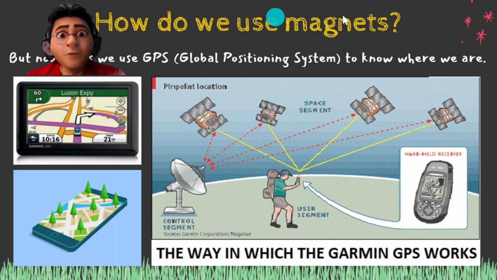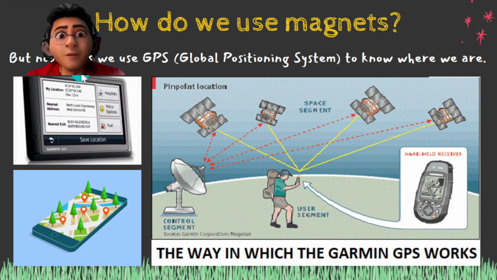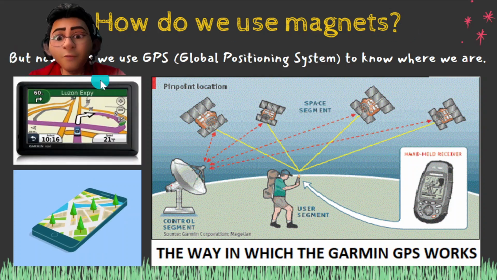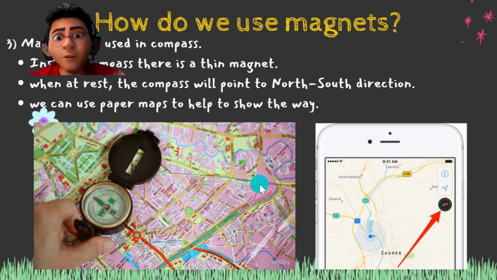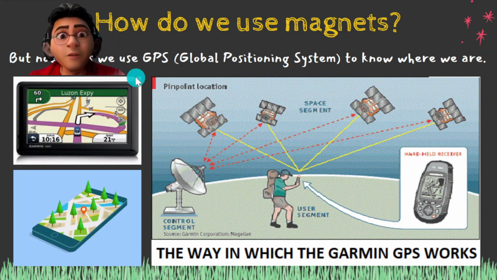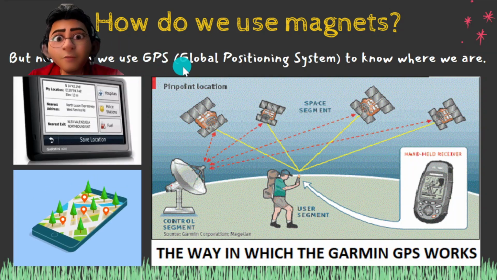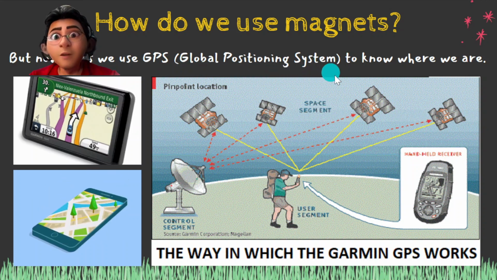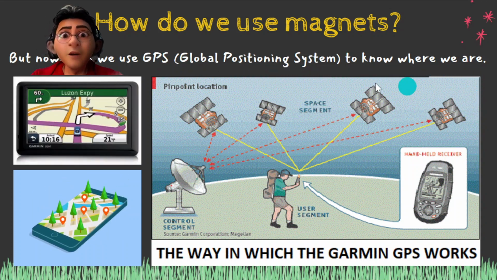So how do you use magnets? Nowadays, like I said before, we use paper maps like this one, but now we're using GPS, or global positioning system, to know where we are.